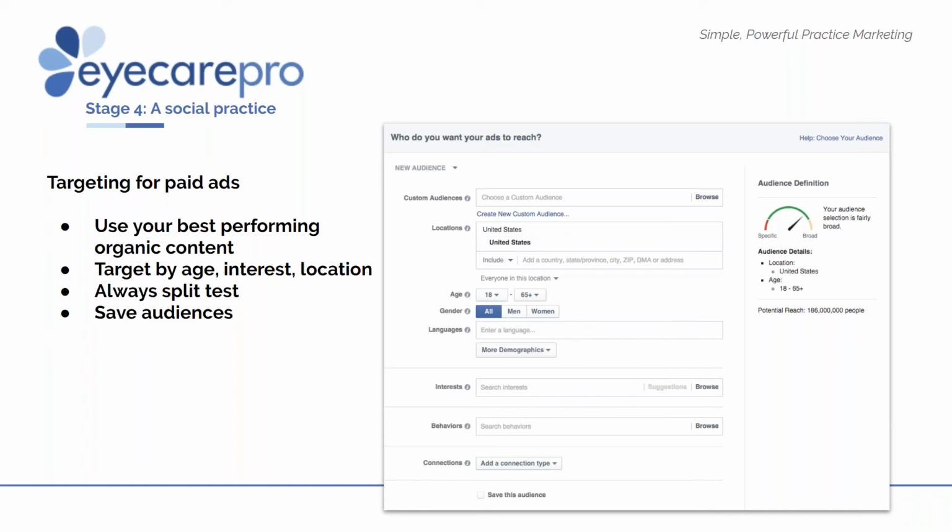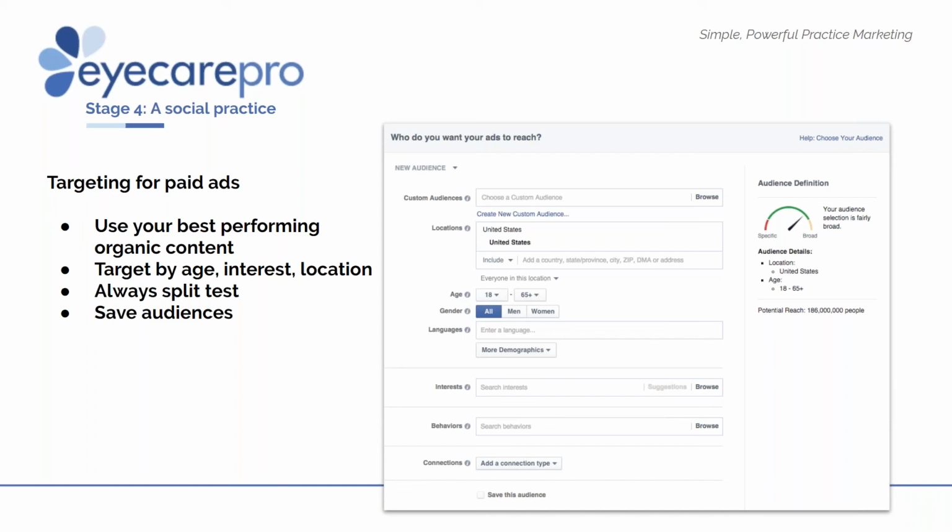So I always recommend that if you're going to spend money on ads, you start with Google Ads, PPC, pay-per-click, which is basically just making sure you show up when people are looking for eye care. I would say you want to max that potential before you look at Facebook ads, because those are highly qualified leads. They're looking for eye care today, and if you're at the top, that's going to help you get appointments at a lower cost. But Facebook ads are definitely the right move for a practice that's at that level.